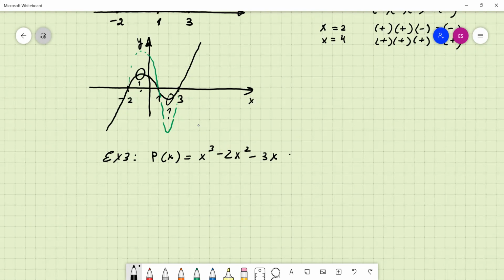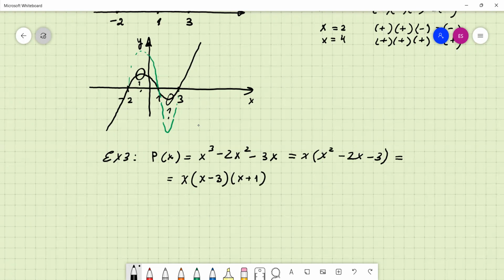I'm going to start factoring it. From the first, second, and third terms, I'm going to take x outside of parentheses. I'm going to have x, and here, instead of x cubed, I'm going to have a square, right? Instead of the square, I'm going to have the first power, and instead of minus 3x, I'm going to have just minus 3. Well, I'm going to continue factoring, and my factoring of the binomial is going to give me x minus 3 and x plus 1.